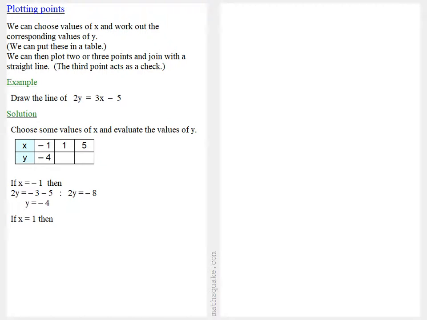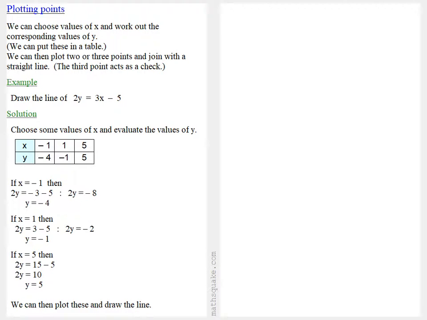Now if x is equal to 1, then 2y is equal to 3 times 1 minus 5, or 2y equals 3 minus 5. So 2y is equal to -2, and y is equal to -1. And we put that in the table. If x is equal to 5, then 2y equals 15 minus 5. So 2y is equal to 10, and y is equal to 5. And we put that in the table.